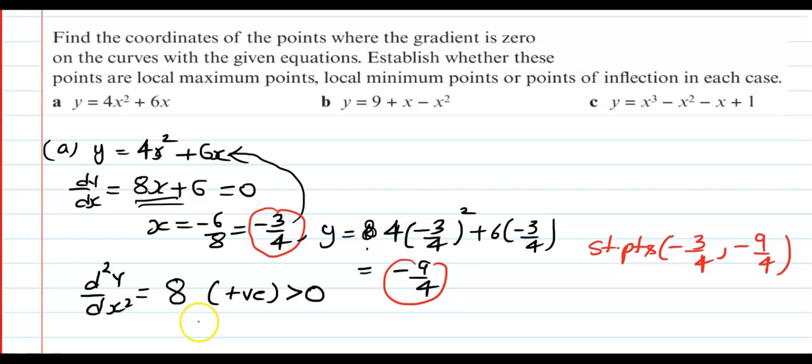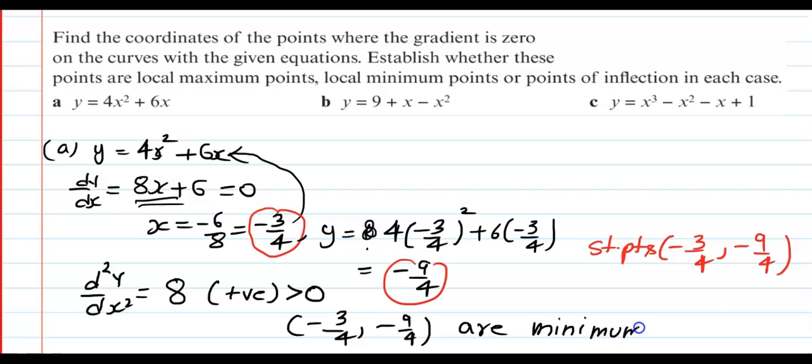So it means these points are minimum points, minus 3 over 4 and minus 9 over 4. Is that okay, guys? Yes, students? Yes, sir. Okay, so this is what you need to do.